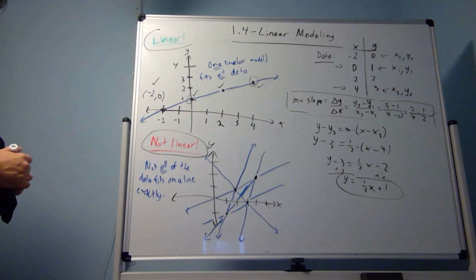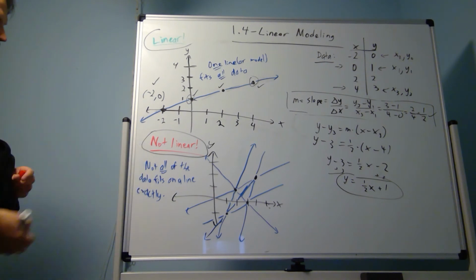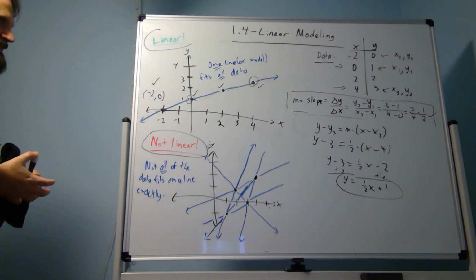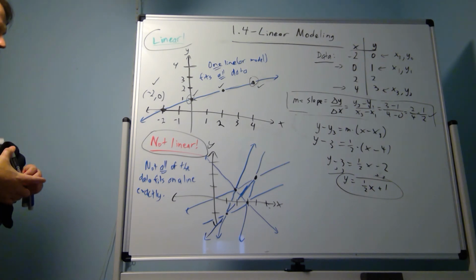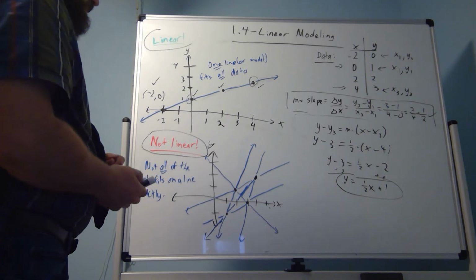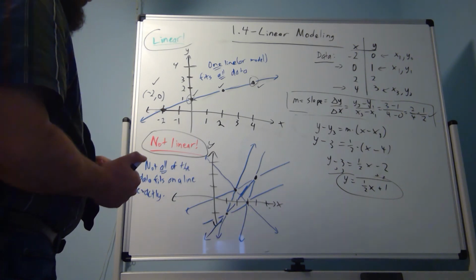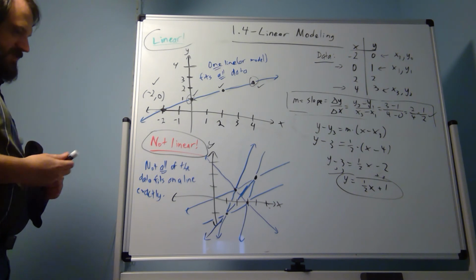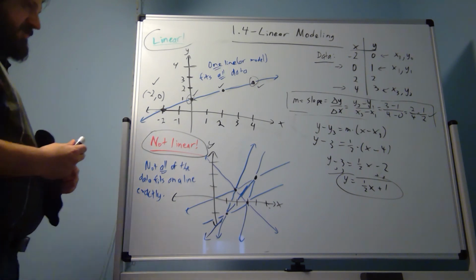It has to fit everything, or else, from the point of view of algebra, y is not perfectly modeled as a linear function of x. For algebra, that's the end of the story.